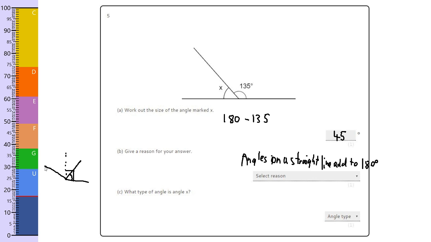There is obtuse, which is between 90 and 180. And then there are reflex angles, which are above 180. They're the really big ones, the ones that bend back. Okay, if you had to do that position in gymnastics, you would not be a happy bunny, I think. Well, I wouldn't be a happy bunny.